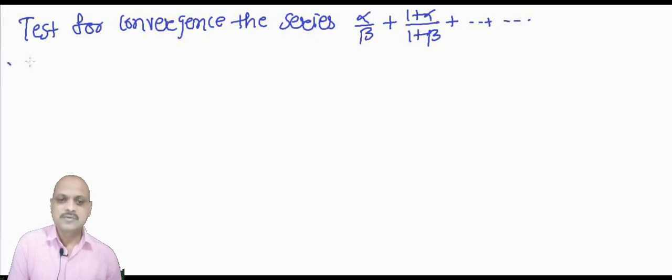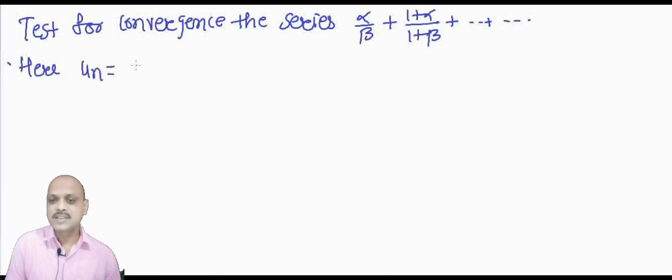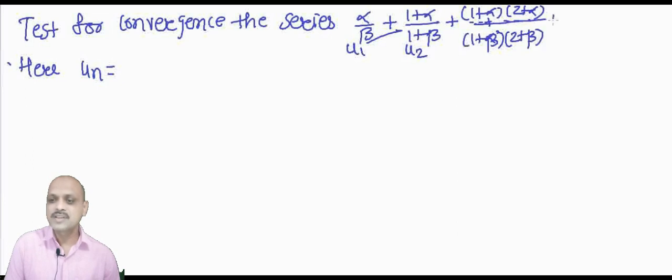Here we have un equal to, you can see that this is u1, this is u2. Whenever we have 2, here we have 1 plus alpha, and the next term is 1 plus alpha, 2 plus alpha divided by 1 plus alpha, 1 plus beta into 2 plus beta, plus this is u3.